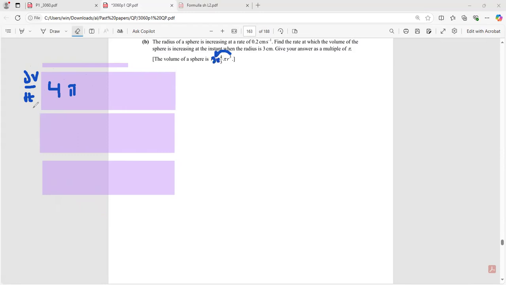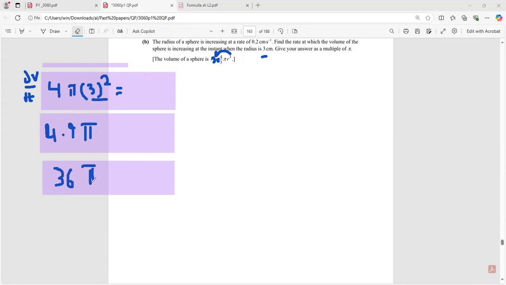So it's 4 pi and the r here is 3, multiplied by 3 all to the power of 2, so it equals 9. Here is 4 multiplied by 9 pi, which equals 36 pi.